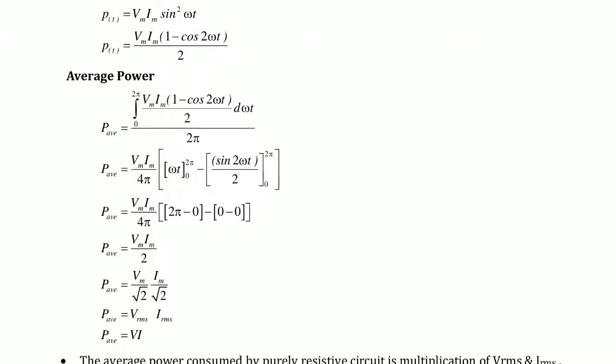Whatever the value, sin 0 or sin 2 pi is 0. By substituting the limits 0 to 2 pi, P average is Vm Im by 4 pi times the bracket (2 pi minus 0 minus 0 minus 0).